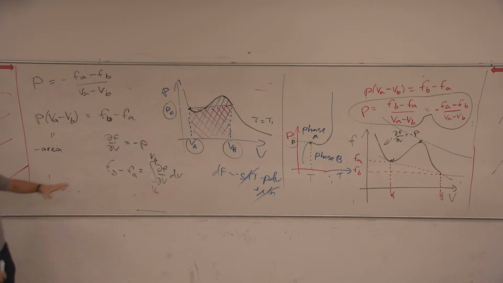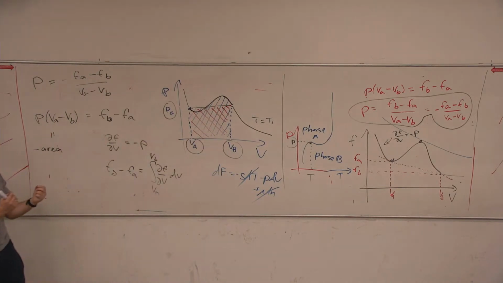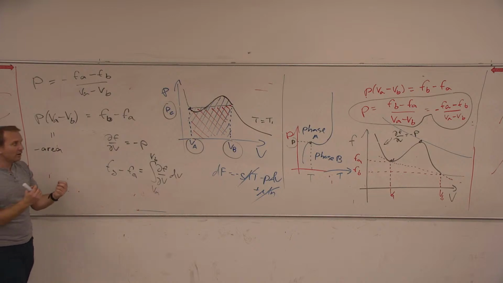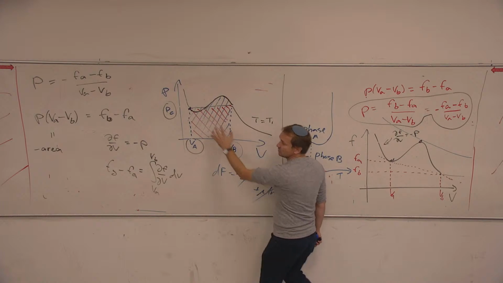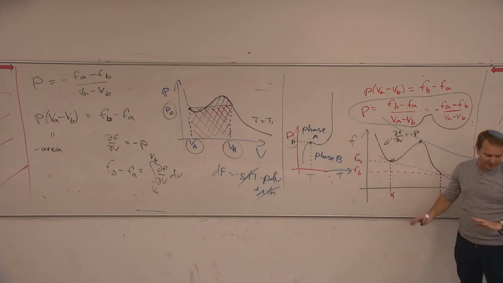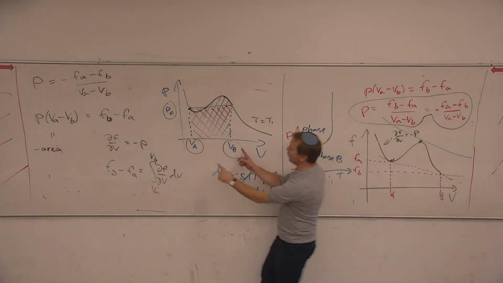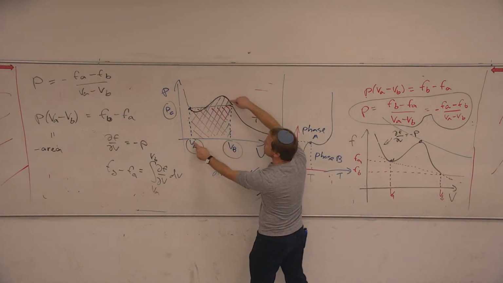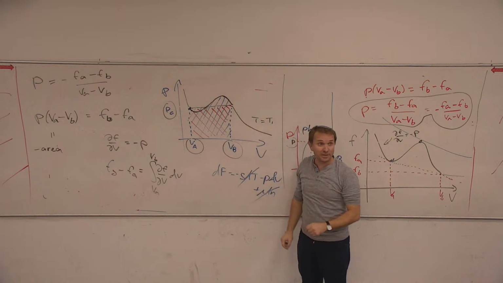So the red area and the blue area have to be exactly the same for this forbidden region. So Maxwell construction basically tells us you have a curve, find two points such that the integral under the curve between these points equals exactly the approximation, right?